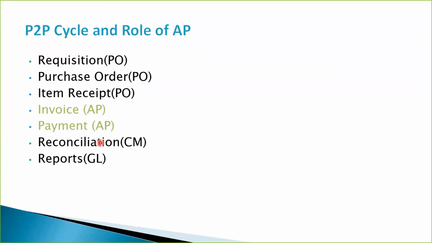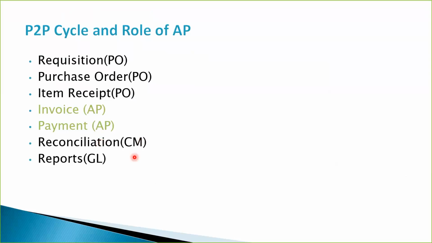Now, AP falls into the next two steps where we enter invoices and we do payments. So that is the role that the Accounts Payables module plays in the P2P part of the business cycle. The reconciliation part is conducted using cash management. They should probably say CE instead of CM.